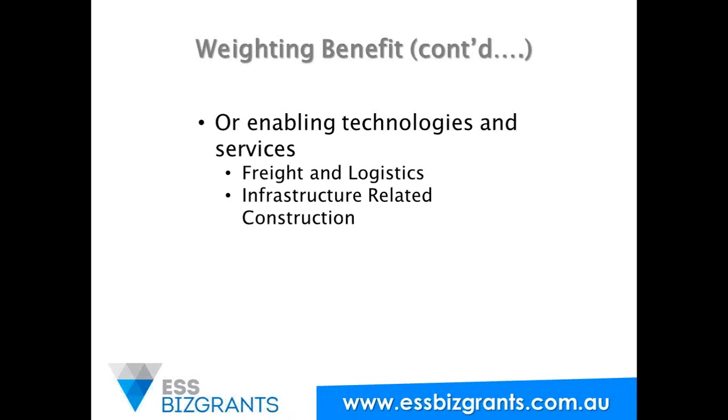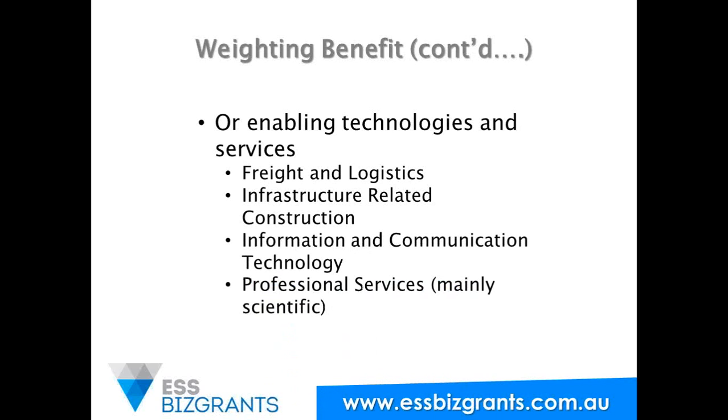Or if they're enabling technologies and services provided by one of the 4 industries that I'm going to put on the screen now that are servicing one of those 5 major industries. So these 4 industries are freight and logistics, infrastructure related construction, information and communication technology, and professional services. Now don't get excited, that doesn't include accountants or lawyers or anything like that.